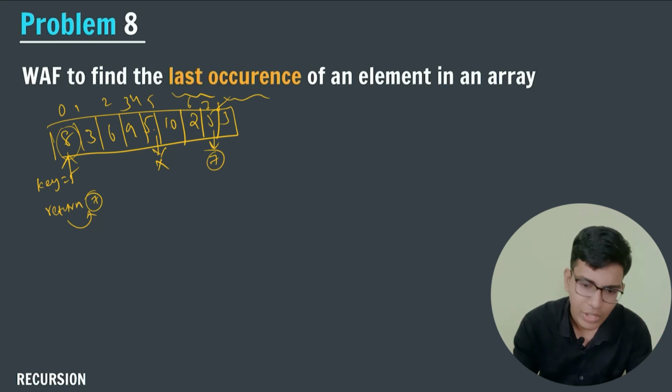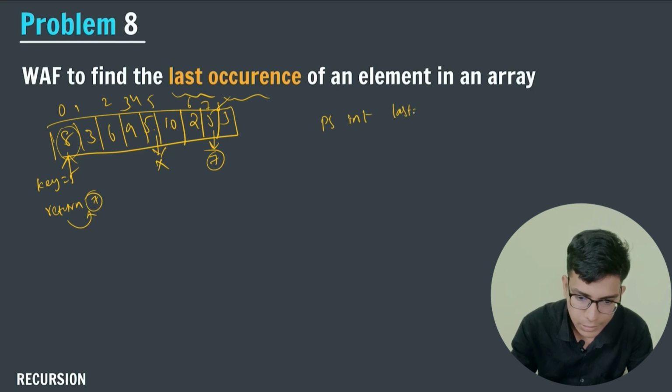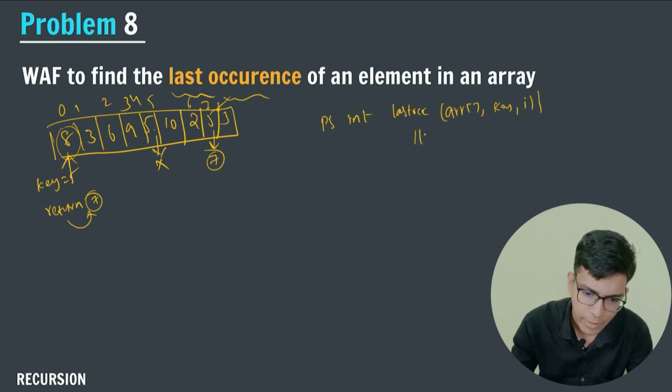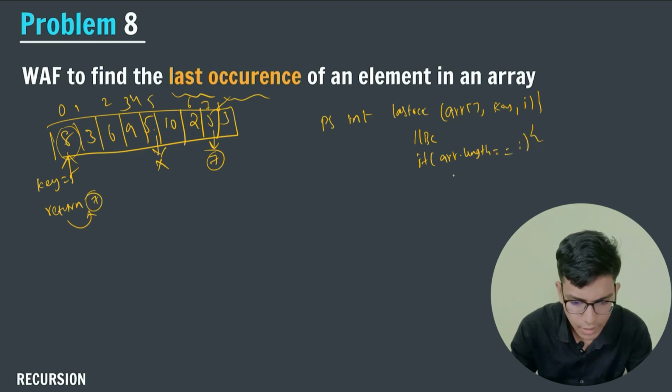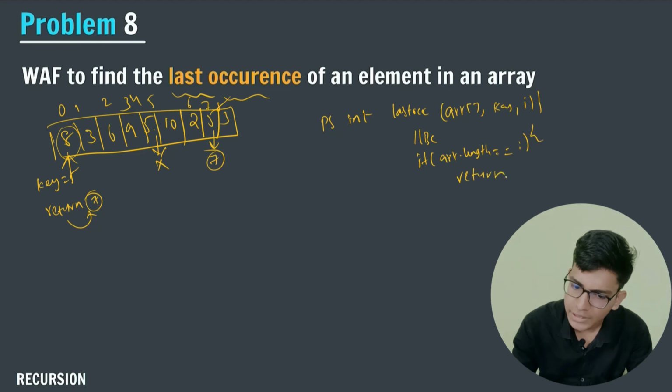Now the pseudocode will remain the same, that is we will write public static integer type function last occurrence, and to this I am going to pass my array, the same key and my index. Here the base case will remain the same, that is if arr dot length is equal to i, then return -1, that is the key is not present in my array.